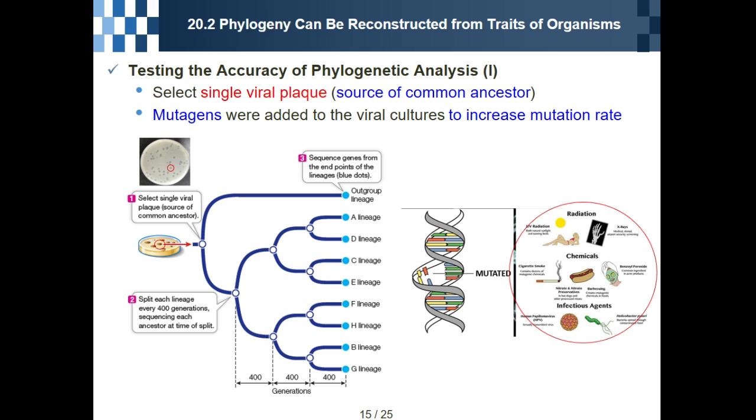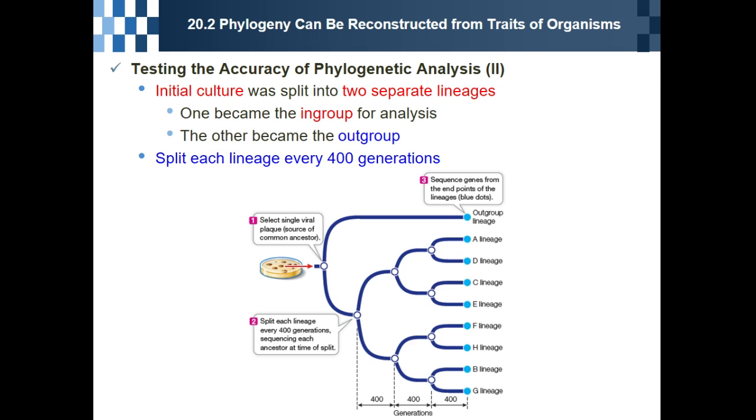Also, we can add some infectious agent to the viral culture, so it will increase the mutation rate. After that, the initial culture was split into two separate lineages.